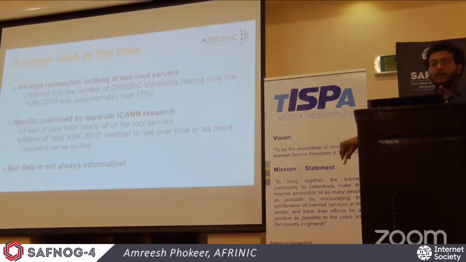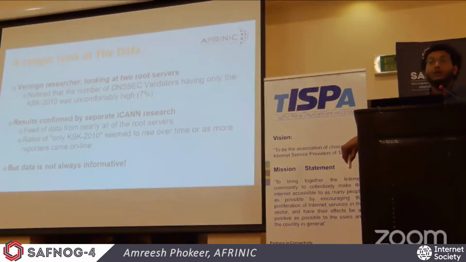The people from VeriSign were looking at two different root servers, and they noticed that the number of DNSSEC validators having only KSK 2010 was uncomfortably high. And the results were confirmed by separate ICANN research, where they got a feed of data from all the root servers, and the number of resolvers only reporting KSK 2010 was on the rise.